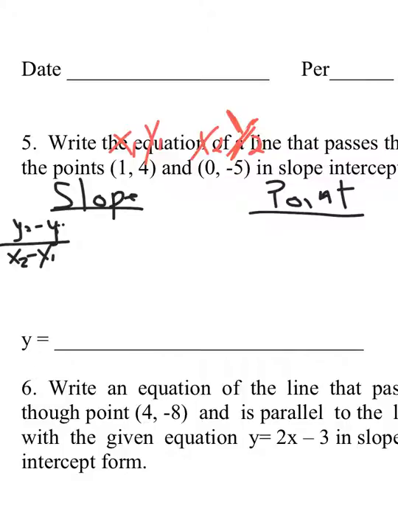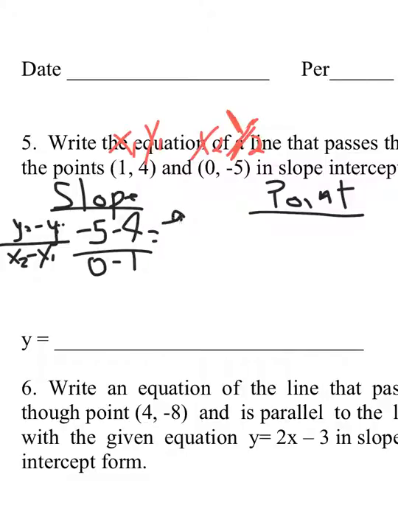So on the top, we're going to get negative 5 minus 4. On the bottom, we're going to get 0 minus 1. Okay, that's y2 minus y1 on top, x2 minus x1 on the bottom.